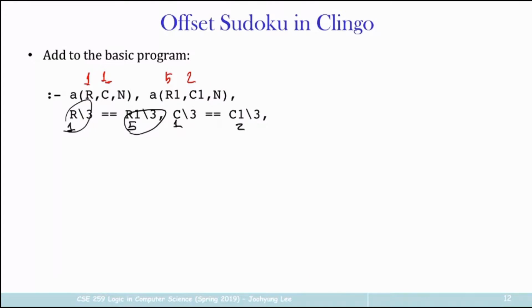So they are in different regions, so we don't have to worry about whether they have the same number or not. Okay? So the constraint is saying if R, C and R1, C1 have the same digit and they are in the same region, then this violates the constraint. That's exactly what this rule is supposed to do.